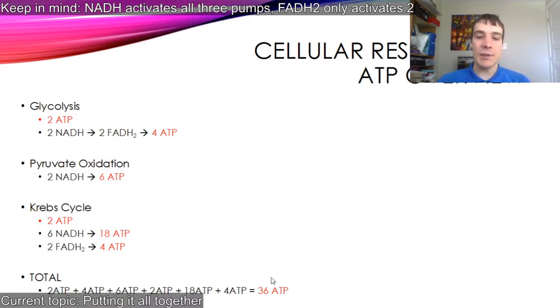So sometimes you'll see 38 as the maximum, sometimes you'll see 36 as the maximum. But really the process has a little bit of loss in it. Sometimes protons will leak back through the membrane, sometimes things just go a little bit wrong. So really you're looking at like 30 to 32 ATP per glucose. This is per glucose. And that's where we're going to end.